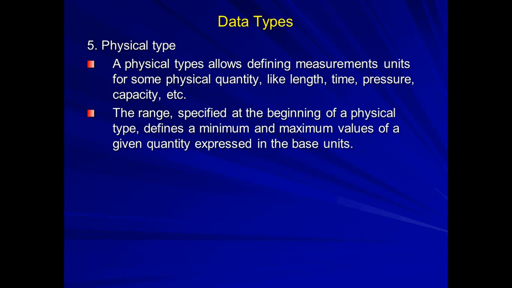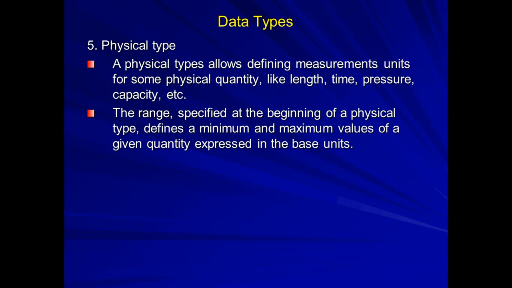The next most important data type is the physical type. Physical type allows defining the measurement units for some physical quantity like length, time, pressure, and capacity. These are the physical types. It means these physical types allow the measurement units for a physical quantity, to measure a length, a time, a pressure and capacity.